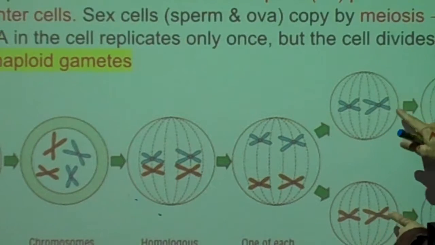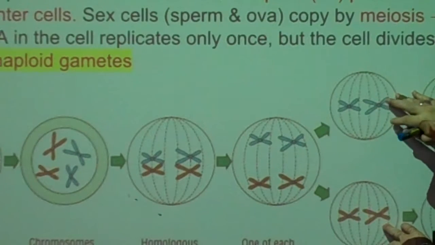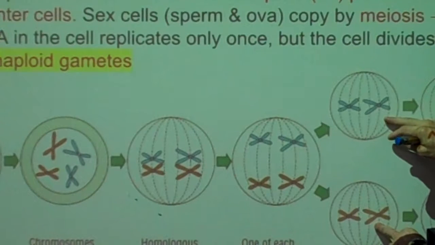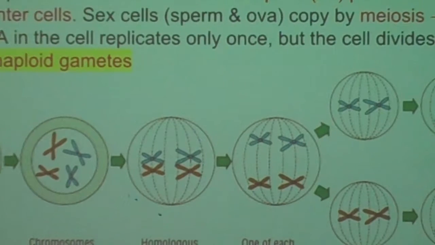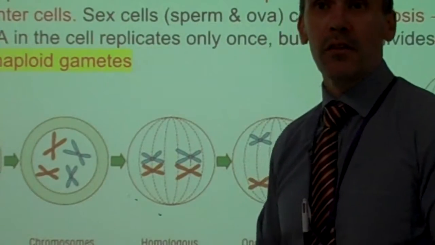Now we have 2 cells, each of which only has 2 chromosomes, and then again we have the fibres attaching to the chromosomes, pulling them to the ends, and finishing off with 4 egg cells or ova. So we have 4 of those, and the number of chromosomes in each case is half what we started with, or it's a haploid number relative to what we started with at the very beginning.